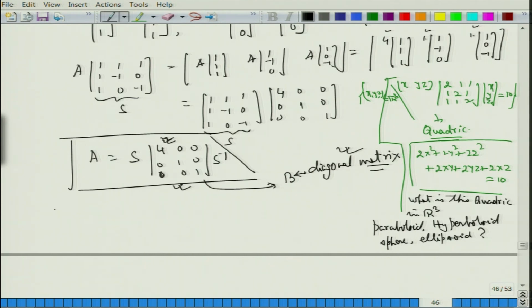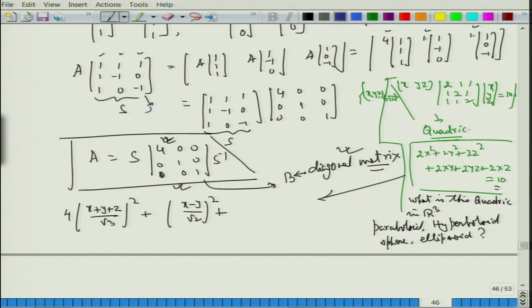Because of this 1, 1, and this matrix, I can easily write that this is the same as, forgetting about the constant that I'll have to compute, after some calculation, 4 times (x plus y plus z upon root 3) whole squared, plus something coming from here, which is (x minus y upon root 2) whole squared, plus, I will have to make some changes here so that this is perpendicular to this, with 1, 1, and minus 2.